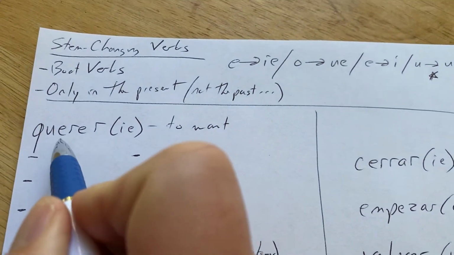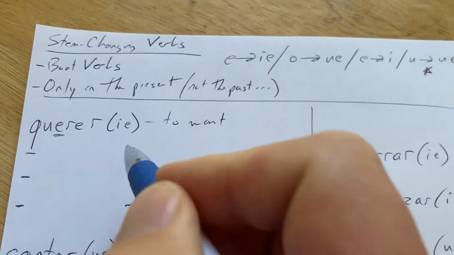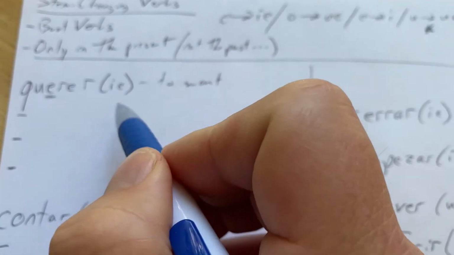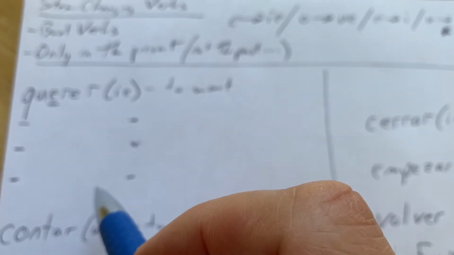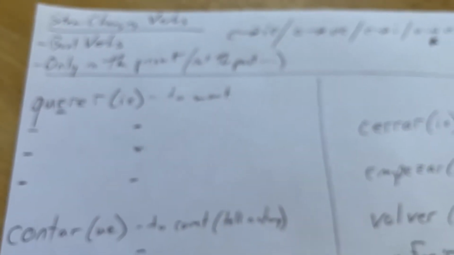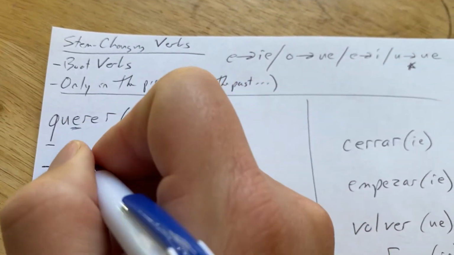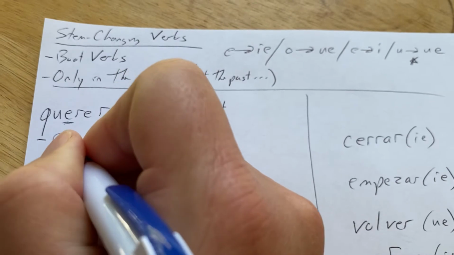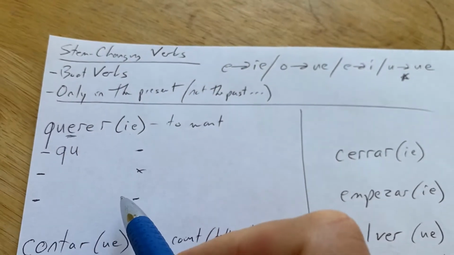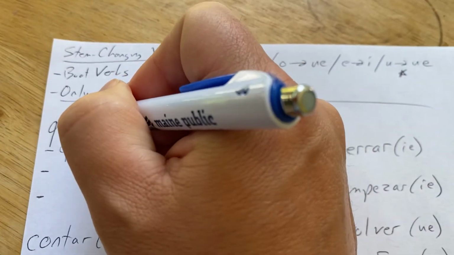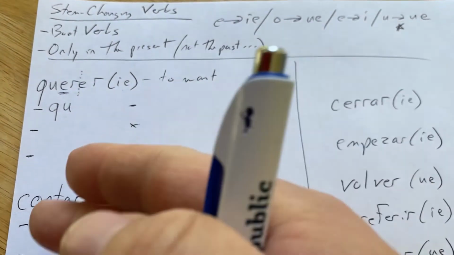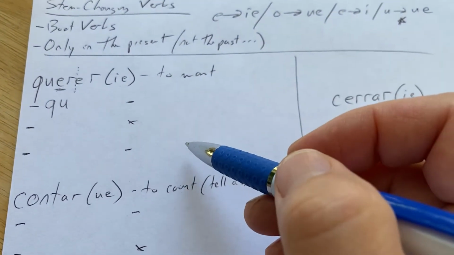But what I'm telling you is this E right here is going to change to an IE when we conjugate the verb. Oops, sorry, let me get back in focus. There we go. Okay. So here's the yo form. And I'm going to take this right here. Now normally we would just chop off the ER, be done, add on the ending, we're good to go.